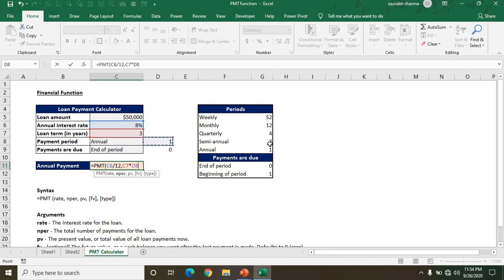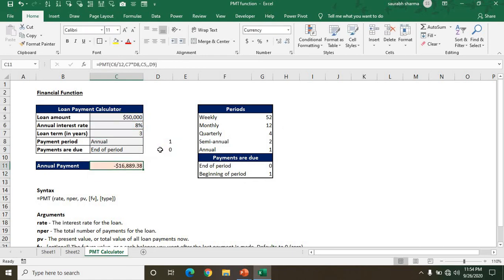So we created this one; from here you have to select it. Then PV is your loan amount, comma, FV we don't have, so give the space. Then they ask for end of the period or the beginning of the period, so I'm selecting this value again.